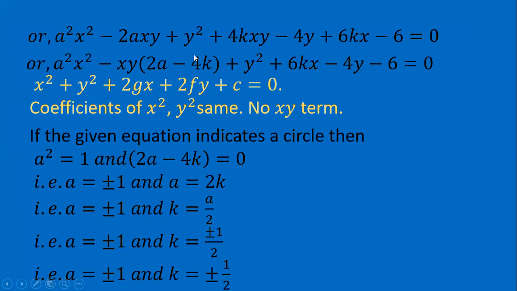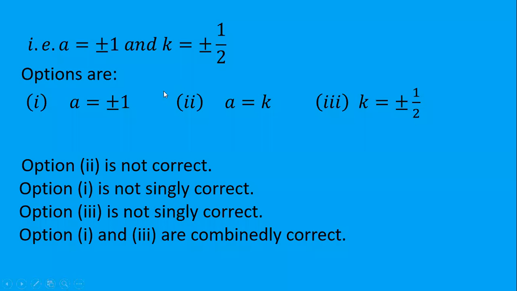But this term is remaining, so it cannot happen. So combinedly, this coefficient should be 1 and this term should be 0. So if we put a is equal to k, this is not giving any result to us. And for this 3, this is also giving a result but not singly.